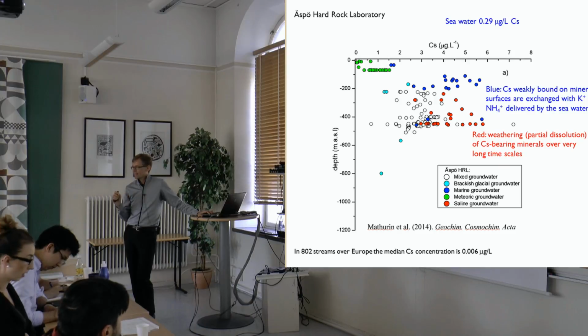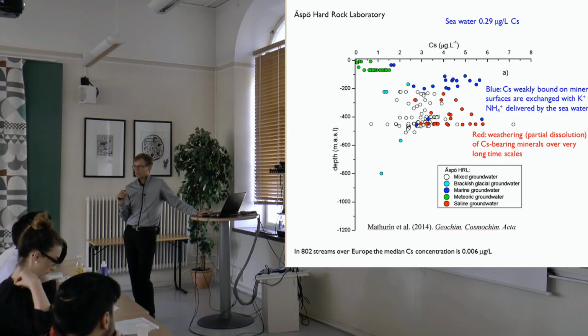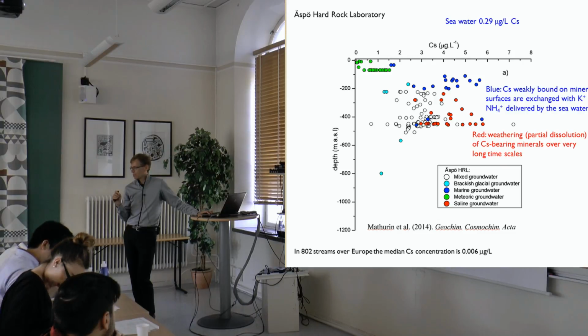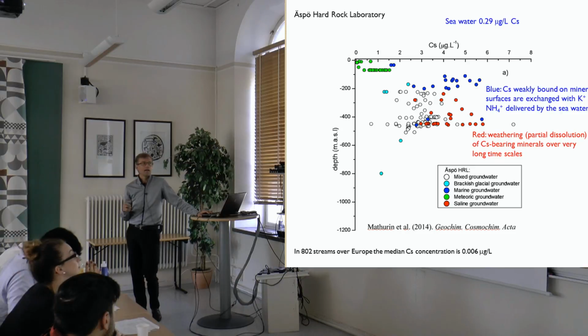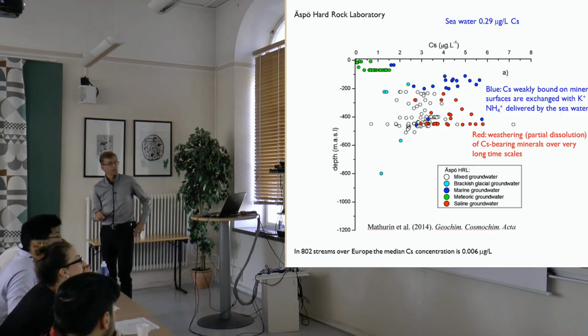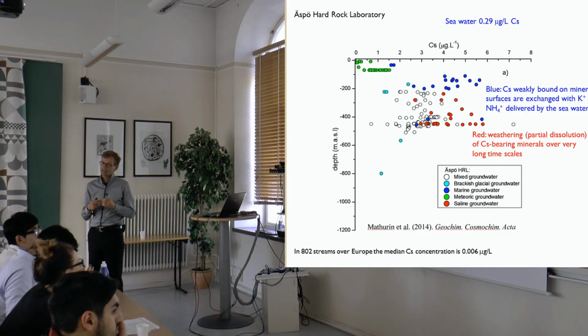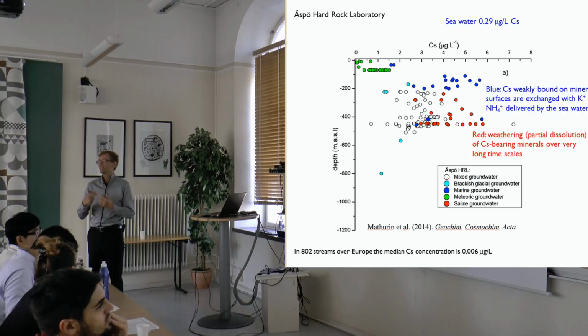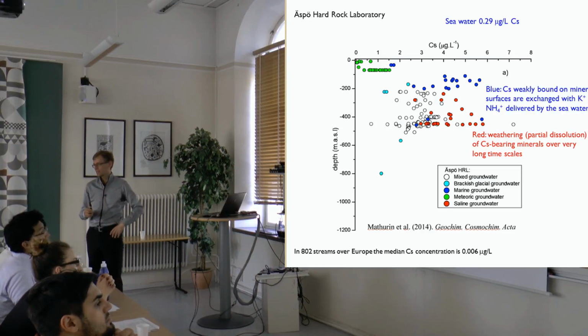There is cesium attached to mineral particles, to the surfaces of minerals in the bedrock fractures. And when the seawater comes in, it has a lot of potassium ions and ammonium cations. And these particular ions have a high capacity to exchange with cesium in some specific cation exchange reaction.